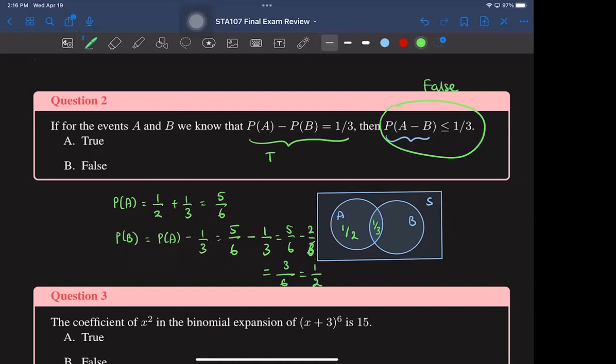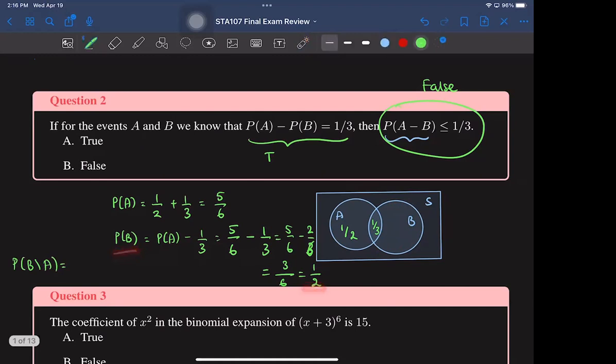That means the part here plus this one has to add up to 1 over 2. So the part B exclude A would be probability of B, 1 over 2, minus the intersection between A and B, which is 1 over 3, and this would give me 1 over 6.